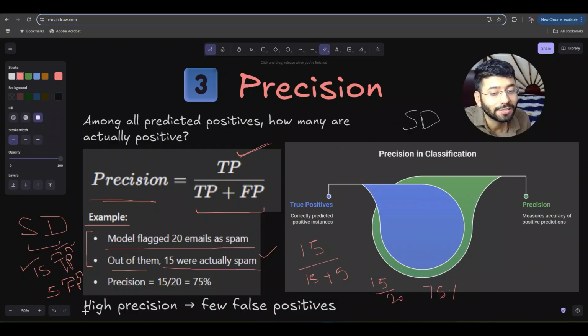Clearly, when there is high precision, it means we have few false positives, because it's true positives divided by true positive plus false positive. So the higher the precision, the lower the false positives. When we talk about precision, our main focus is on the true positives. In the example of spam detection: how many emails were correctly predicted as spam and were actually spam, divided by the total number of emails that we predicted as spam, because that would be TP divided by TP plus FP.